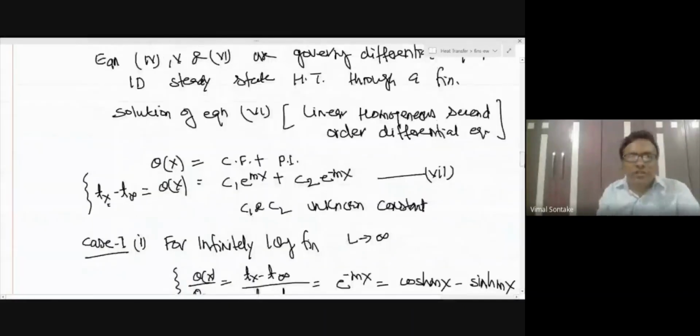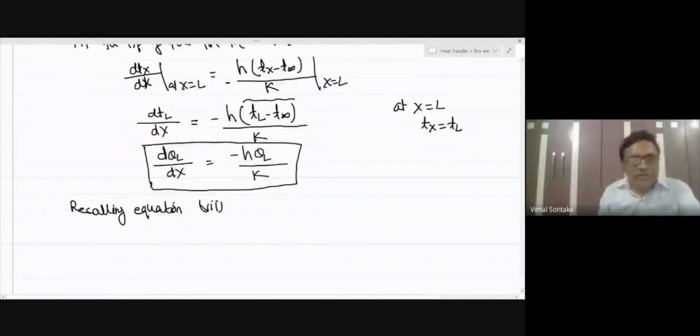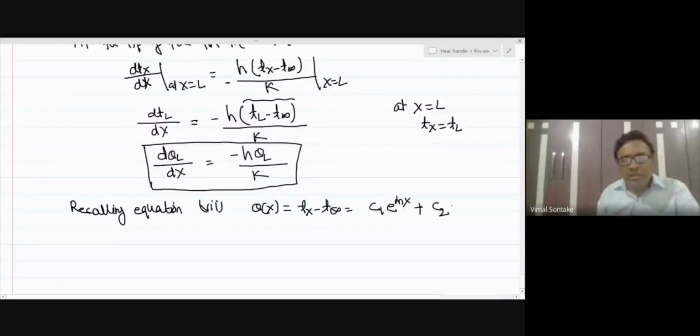This is equation number 7. So let us rewrite it once again where it is required. Equation number 7 is nothing but theta x is equal to, this can also be written as T(x) minus T infinity is equal to C1 e to power mx plus C2 e to power minus mx. Now let us put these two boundary conditions into equation 7.